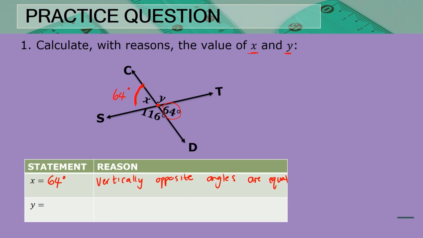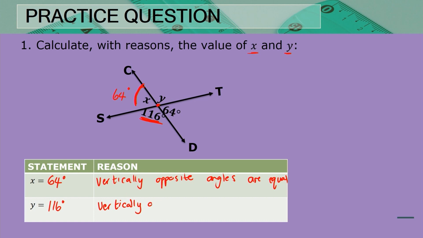Now, what about our y? When we are looking at the angle y, again, we can see that it is opposite the common vertex with our 116 degrees. So we can easily say that y is equal to 116 degrees. And our reason for that can still be that they are vertically opposite.